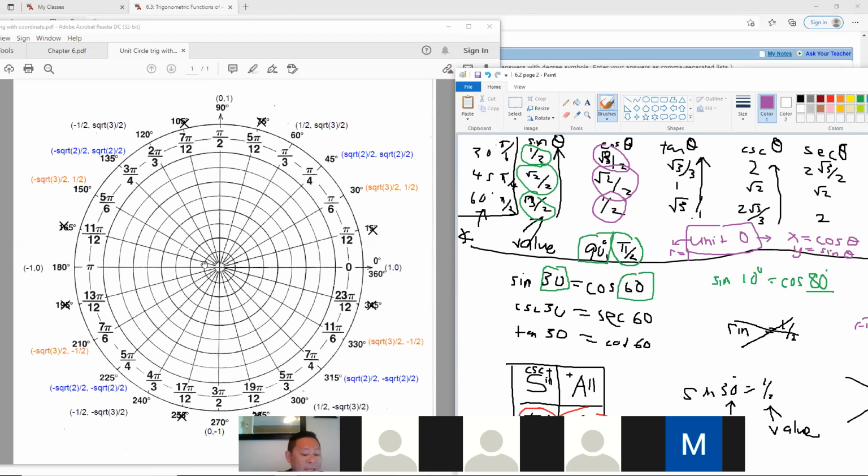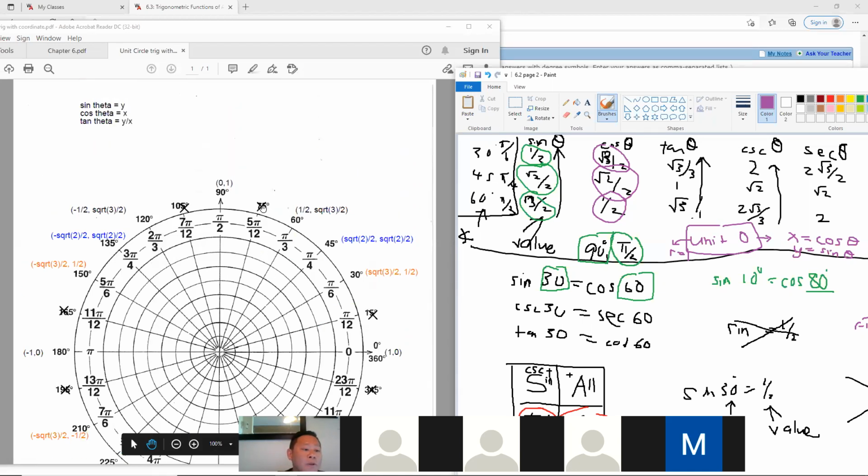So some of you were asking me, how do you use this table? So it depends. If you are looking for sine theta, make sure you take out the y values. If a question is asking for cosine theta, you use the x value. If you're using tangent theta, you just take y over x because tangent is sine over cosine.